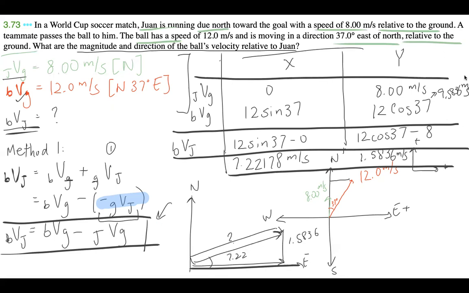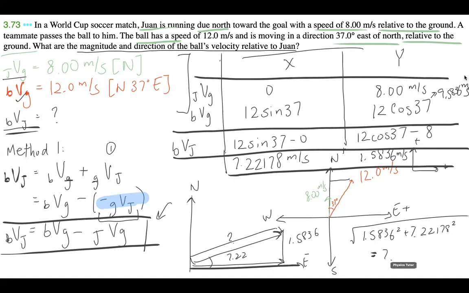So Pythagorean theorem: it's going to be 1.5836 squared plus 7.22178 squared, and then we're going to square root that, and it's equal to, I'm getting 7.393368. Sorry, my handwriting is so hideous today.